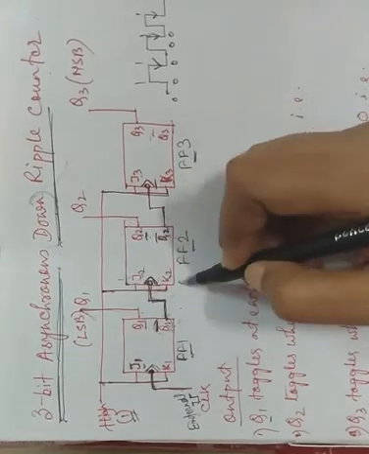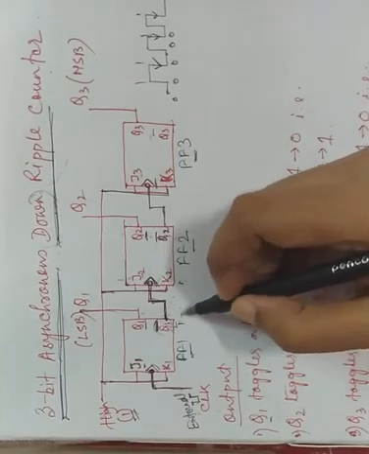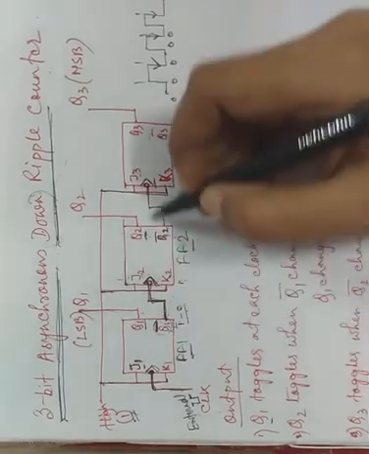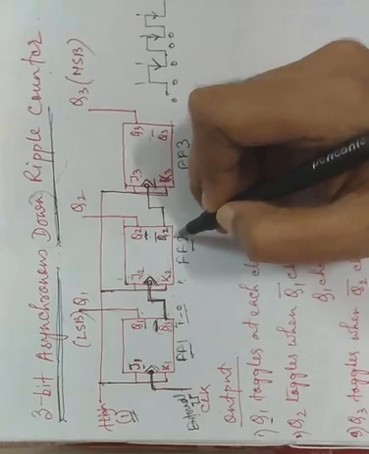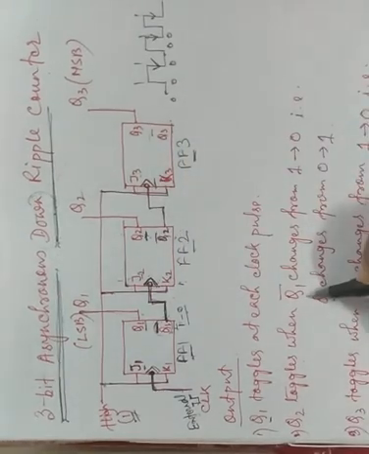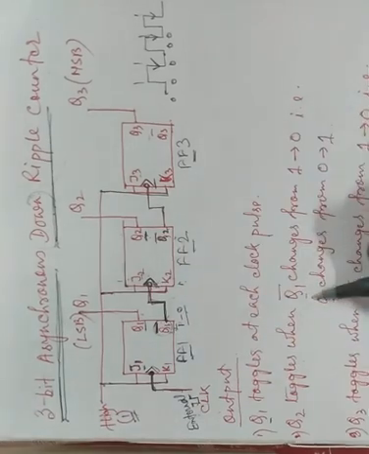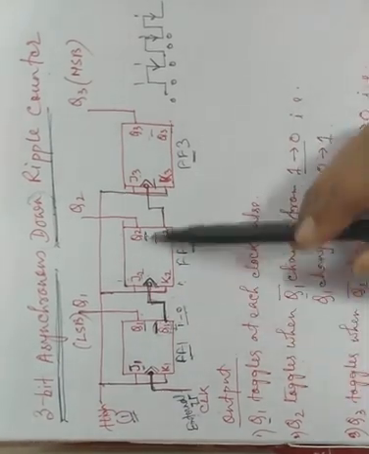Q2 toggles when Q1 bar, the complemented output of the previous flip-flop, changes from 1 to 0.